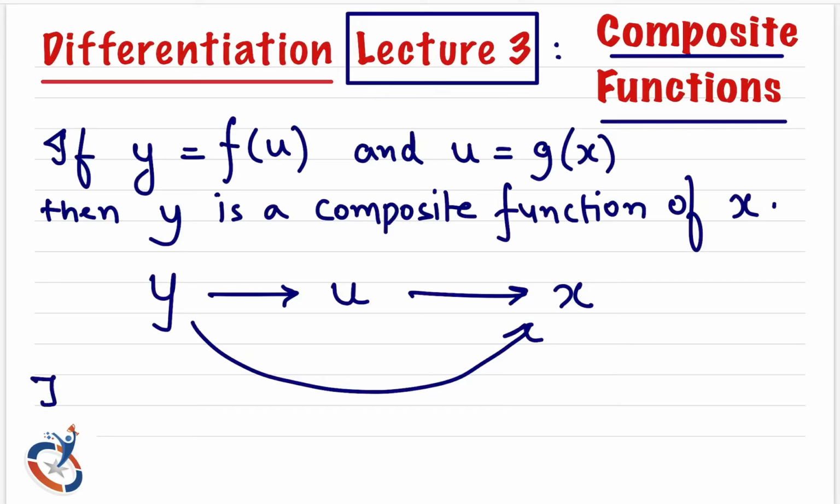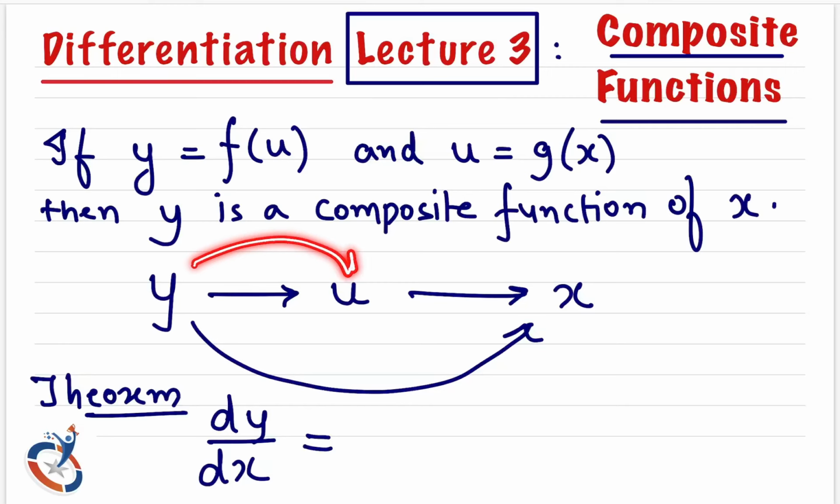Now here the theorem of differentiation says if you want the derivative of y with respect to x, then you have to first differentiate y with respect to u and find dy by du. Then differentiate u with respect to x and find du by dx.